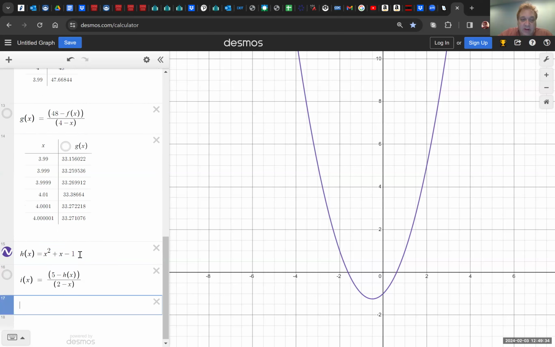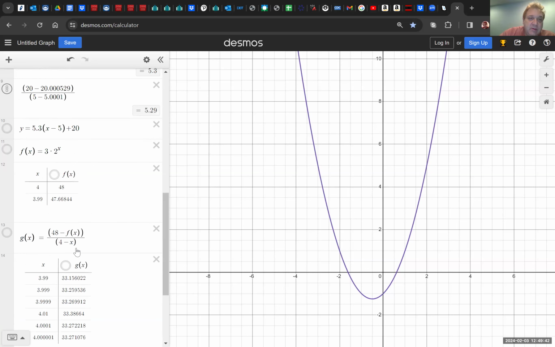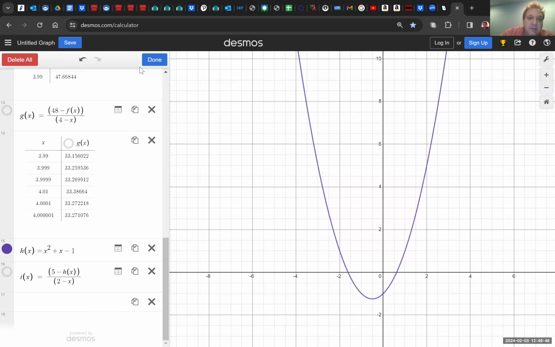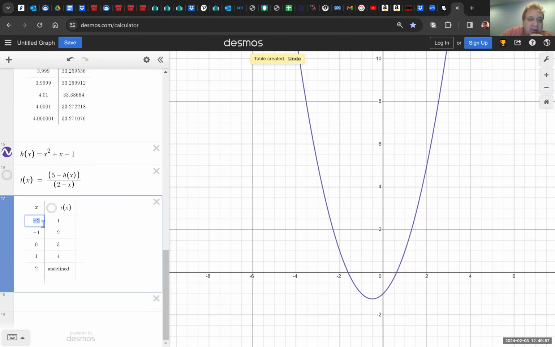So I can do a table here for the function. There we go, a table, and we have different values of x.